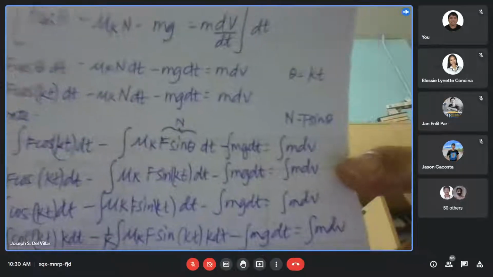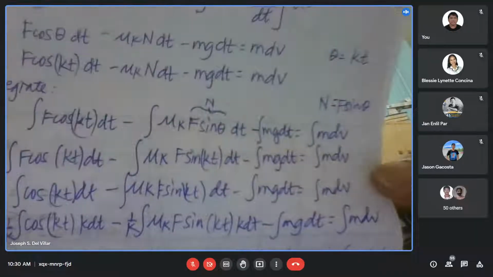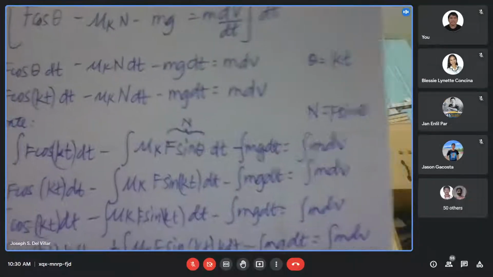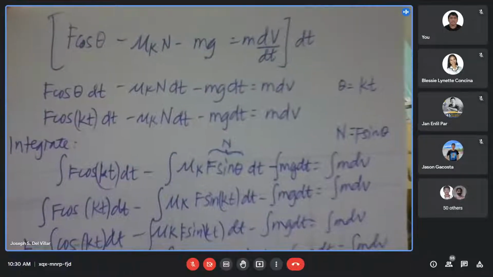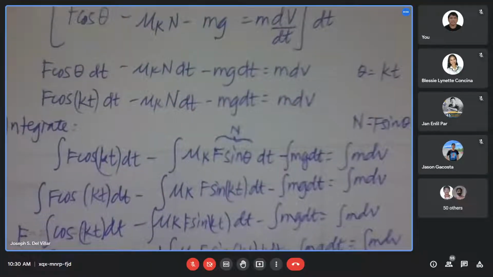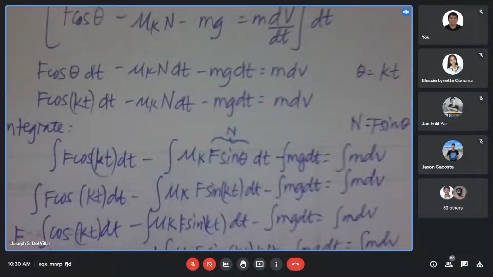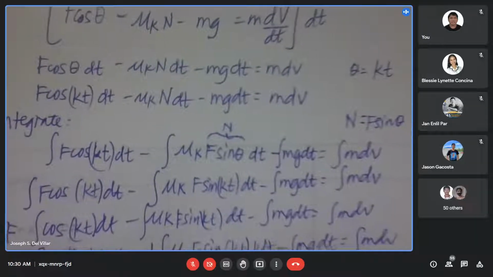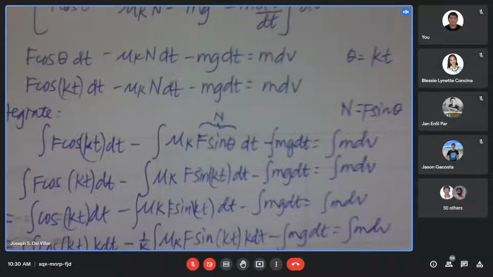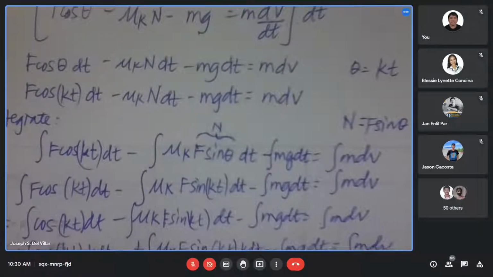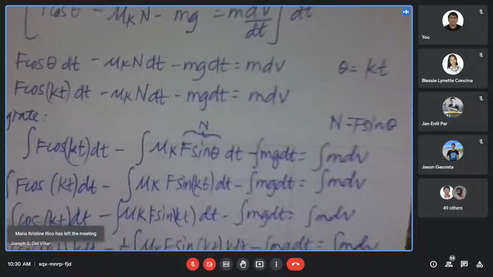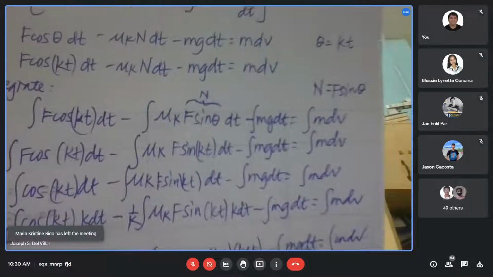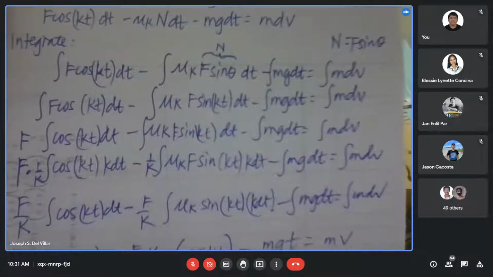Ayan, medyo long solution siya. Kasi kailangan mag-recall ng integral and differential, or even derivative. Kasi meron ditong derivative ng trigo function, yung sa sine at sa cosine. So medyo mahabang process.